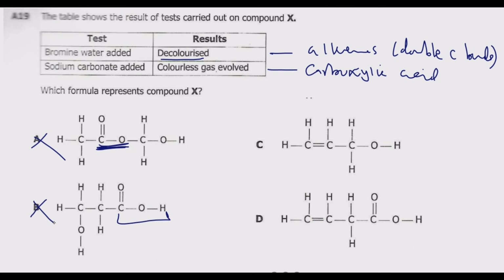Then we look at C. C has a double carbon bond, but it doesn't have the carboxylic functional group. It only has the alcohol functional group, so C is out. Let us look at D. D has the double bond, which meets the first test. Then it also has the carboxylic functional group, which meets the second test, so D is the correct answer.